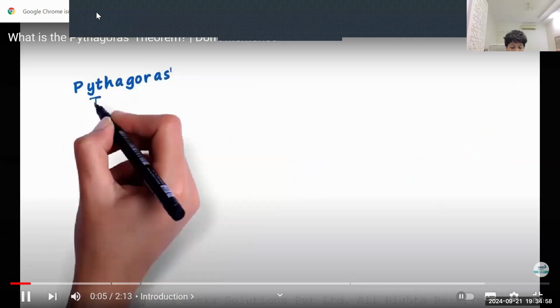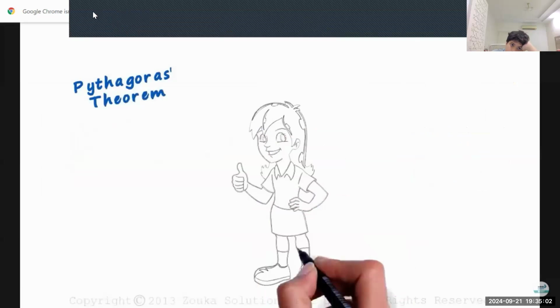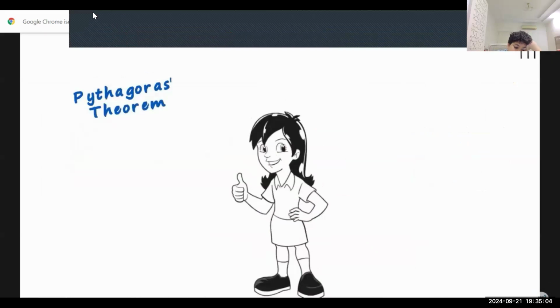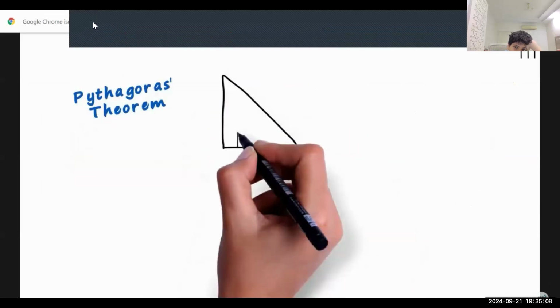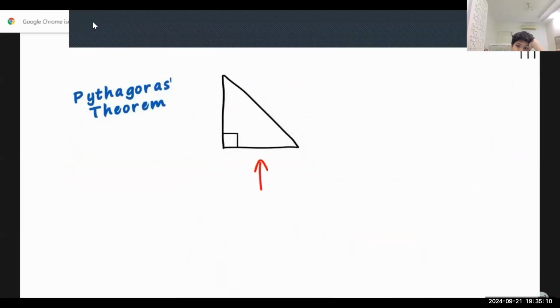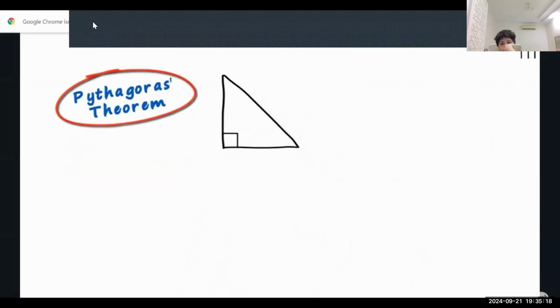Theorem is by far the most important concept not only in triangles but also in the entire field of mathematics. To understand it, all we need to do is draw a right triangle. It is a triangle in which one angle is a right angle. What's so special about this triangle or this theorem? The first thing we need to understand is what the side opposite to the right angle is called.